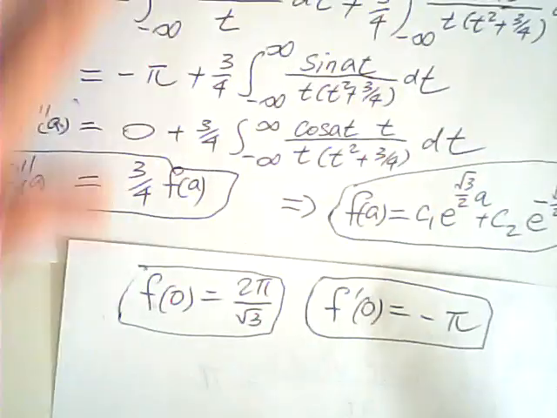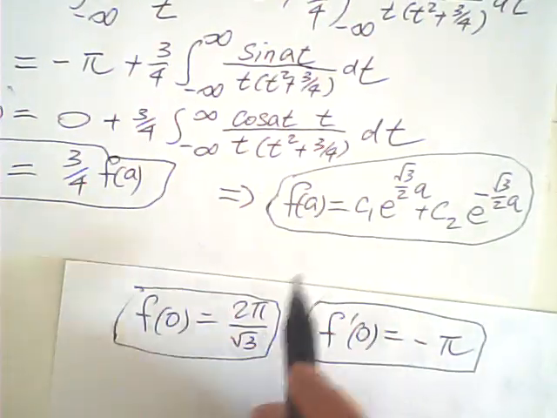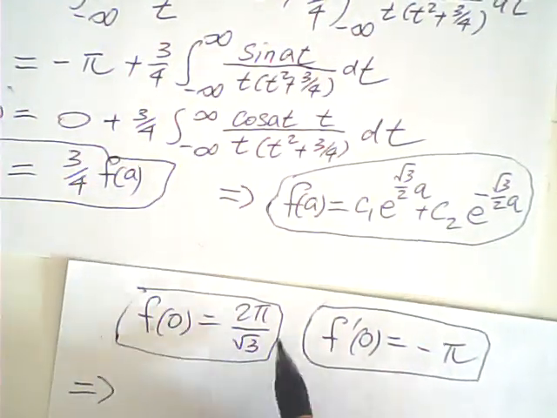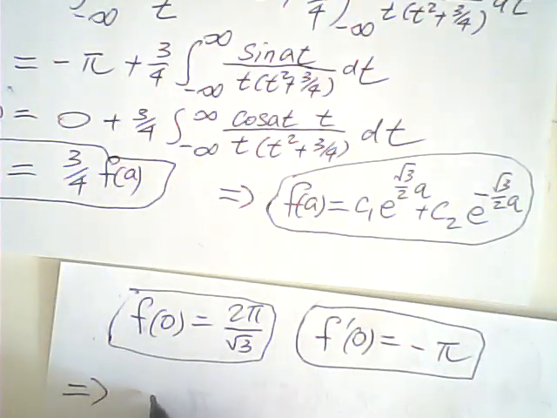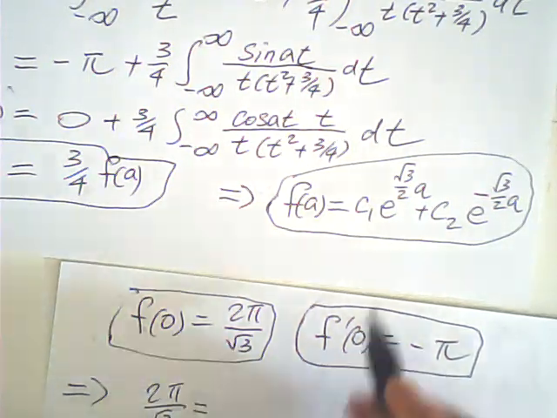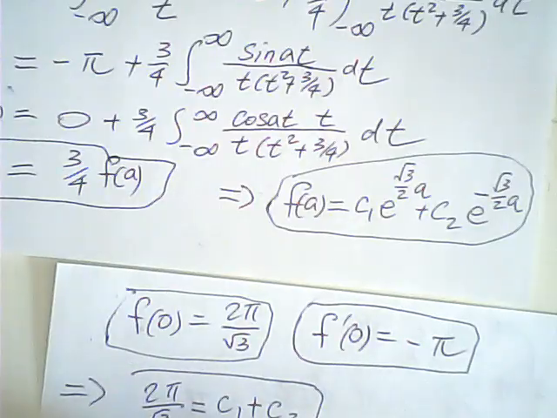Now we can find the solution: when a equals 0, 2 pi over root 3 is equal to c1 plus c2. So that is equation 1.